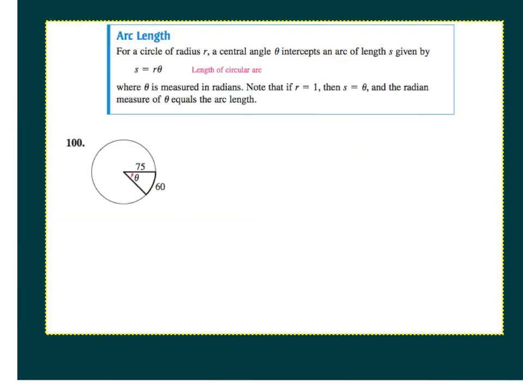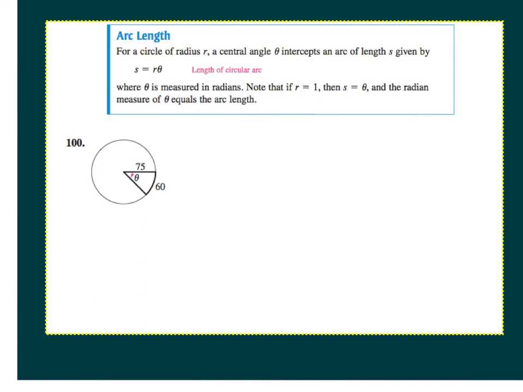Pretty good. So you're going to have these kind of problems on your little homework, and you're going to have an arc length and a radius, and we're having to get to this theta measure. All right. So we're just going to use our arc length formula, but we're going to kind of go backwards a little bit. So how could I find this theta given this information?